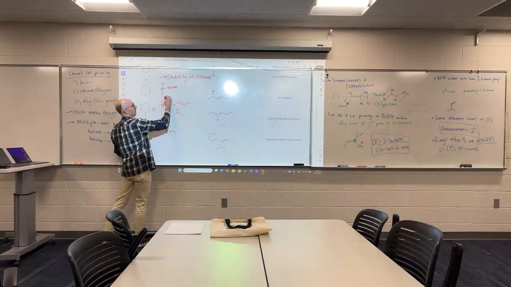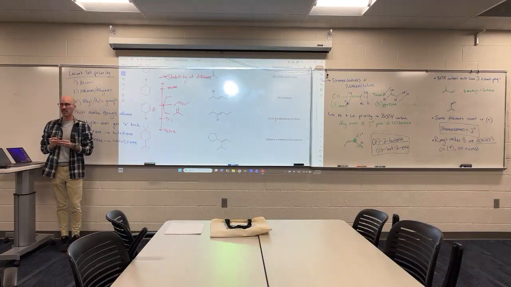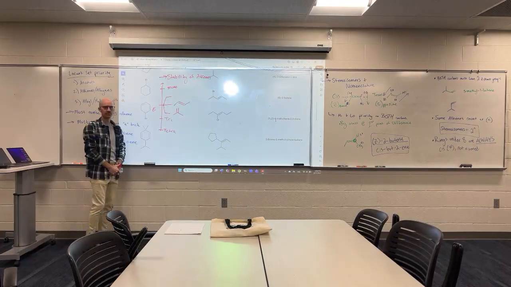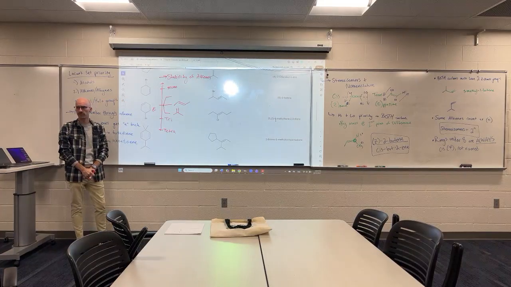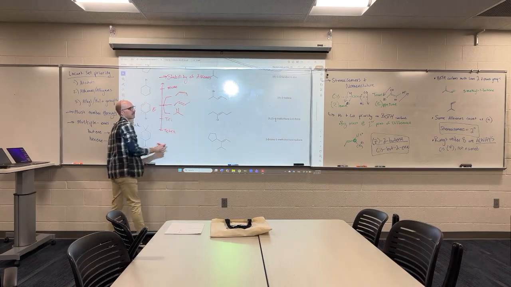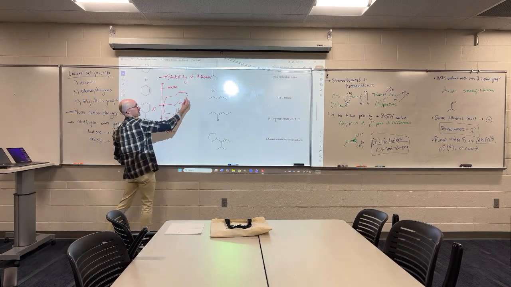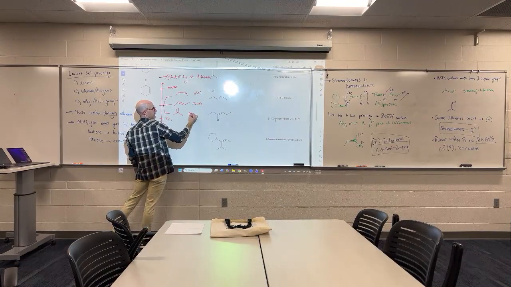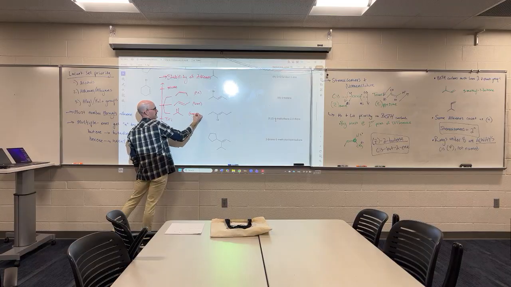And the most unstable, the most reactive, the least stable, cis. So we have a cis di-substituted, a trans di-substituted, and you might call this a single branch di-substituted.